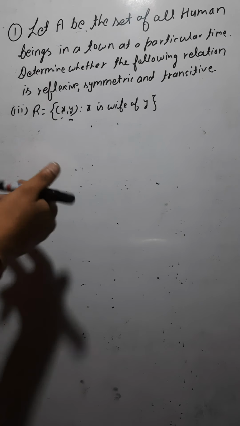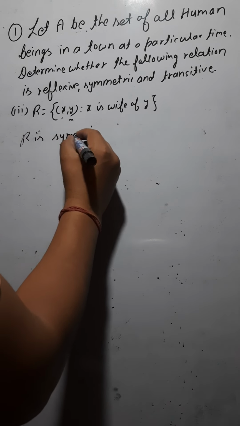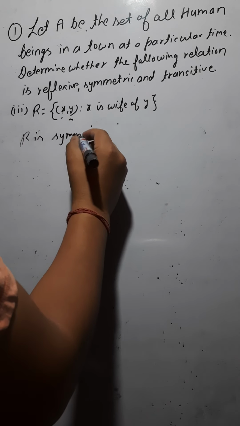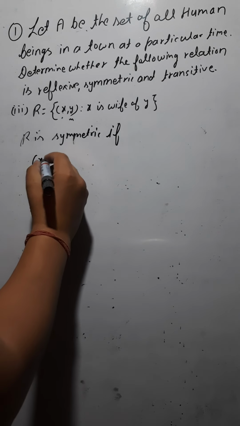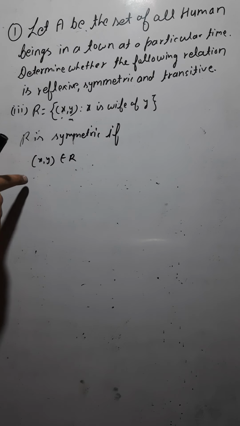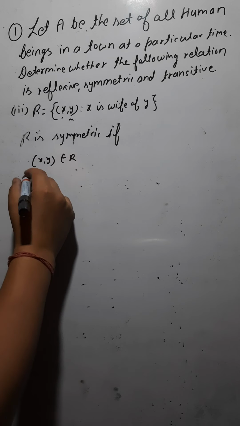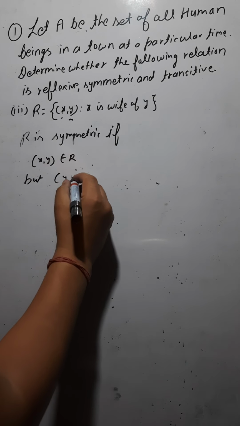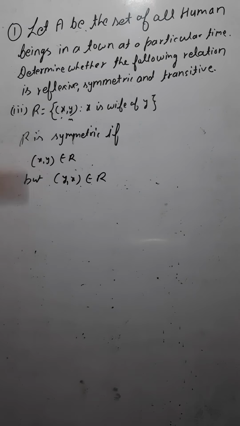R is symmetric if the ordered pair (x, y) belongs to the relation and (y, x) is also there in the relation. Then we would call the relation symmetric.